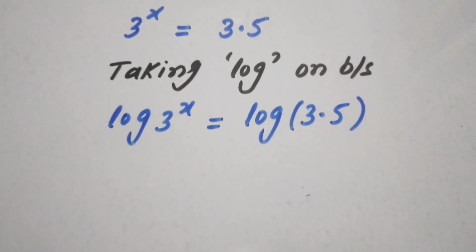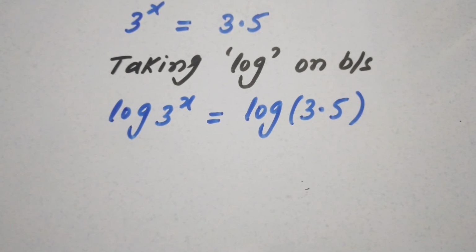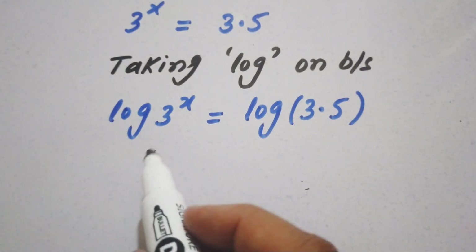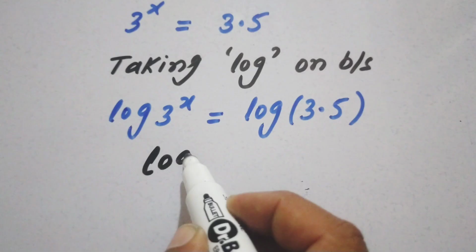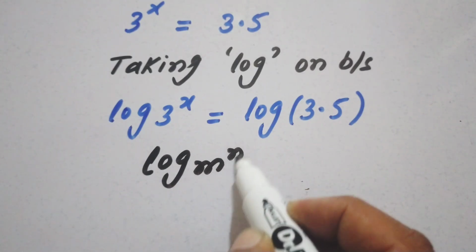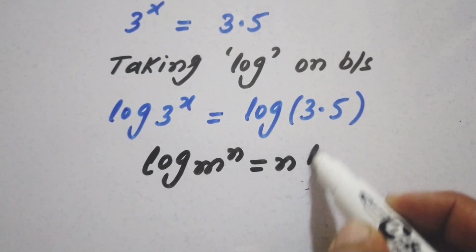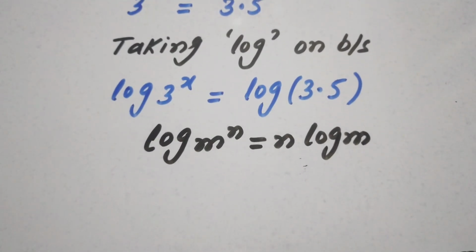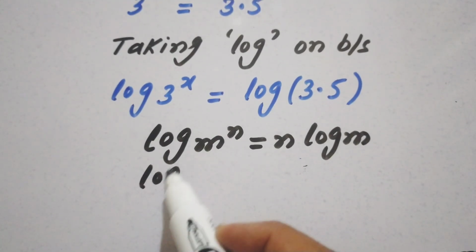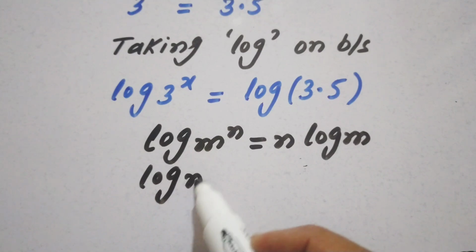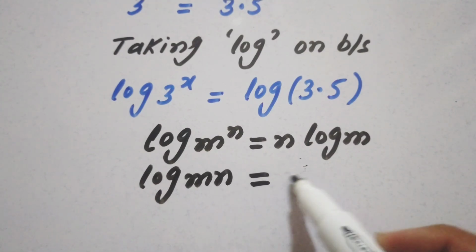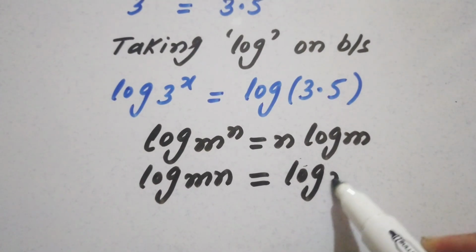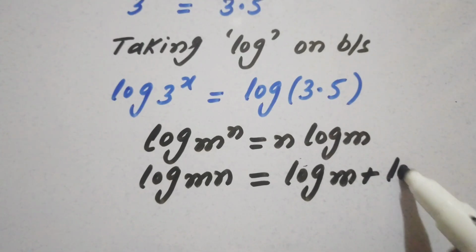Now using logarithmic properties, if we have log of m to the power n, this is equal to n log of m. Another property we will use here: log of m multiplied by n is equal to log of m plus log of n.